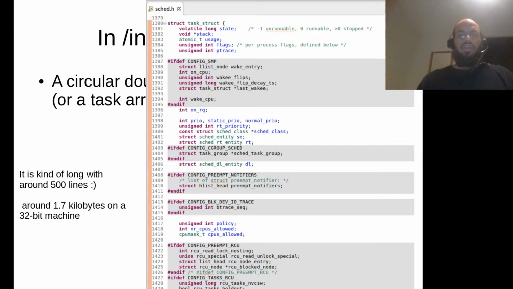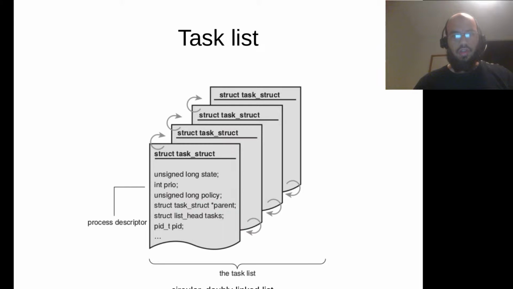Now that we have seen how the struct looks, let's look at a graphical figure of how the task list looks. You basically have the struct task_struct, which describes each thread, and you have a doubly linked list, so each one is linked to the one that follows and the one before it, and this is your task list.